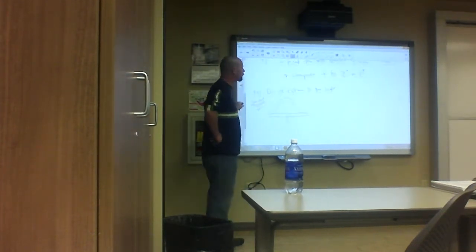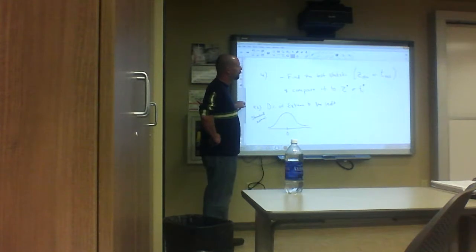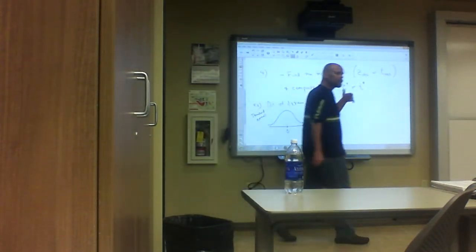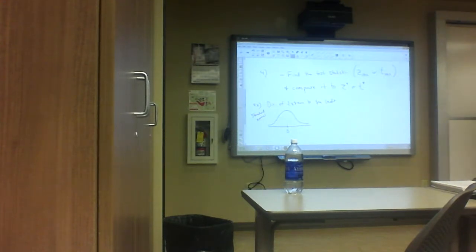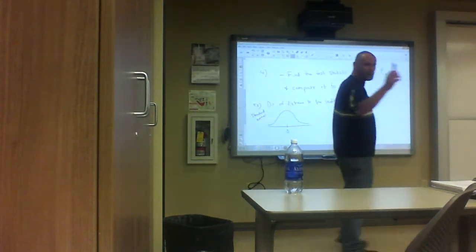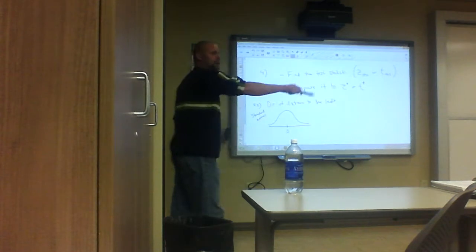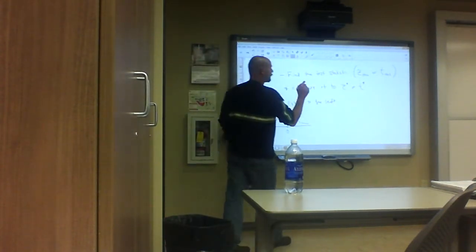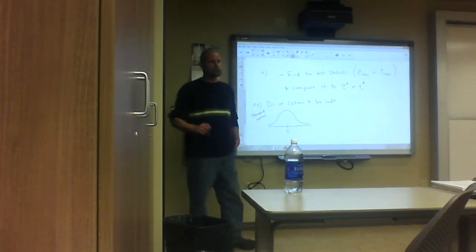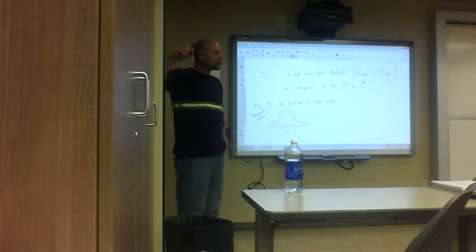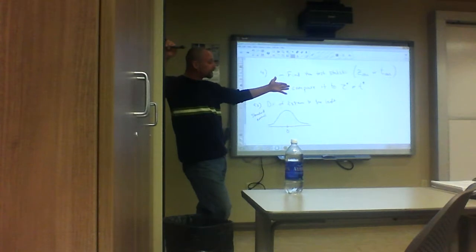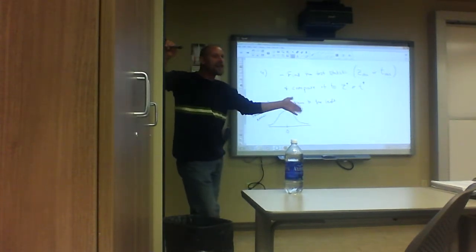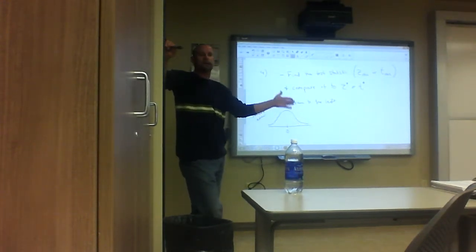What is our test statistic? What does our test statistic tell us? It's the number of standard deviations away from the mean. The number of standard deviations your observation is away from the mean. Yes, absolutely. That is what the test statistic tells us.